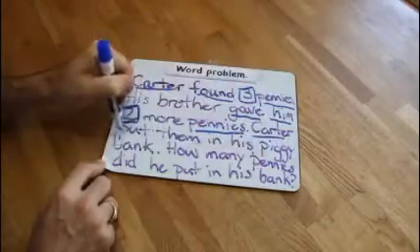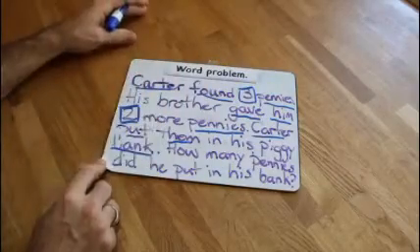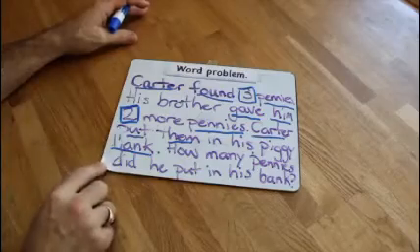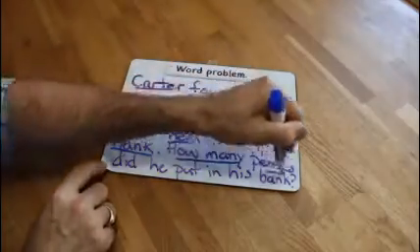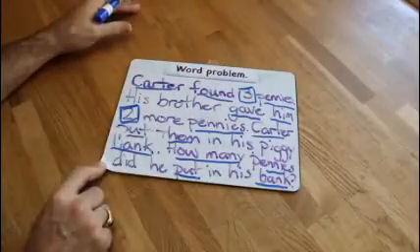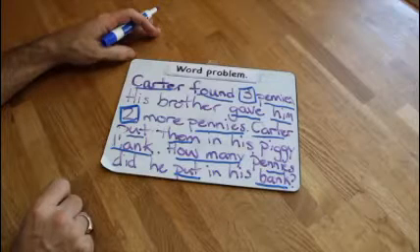Carter put them in his piggy bank. So that's actually important information. He put them in his piggy bank because the question is, how many pennies did he put in his bank? So that piece of information was actually important this time.